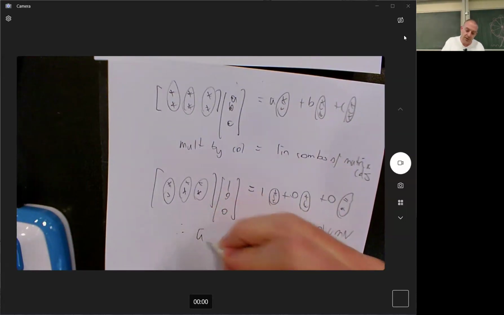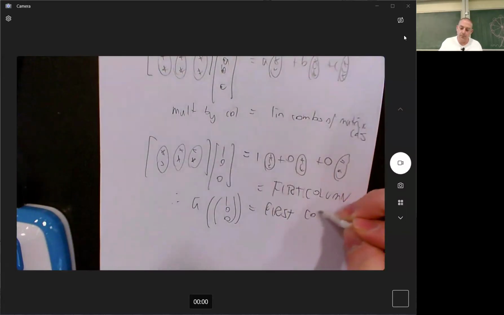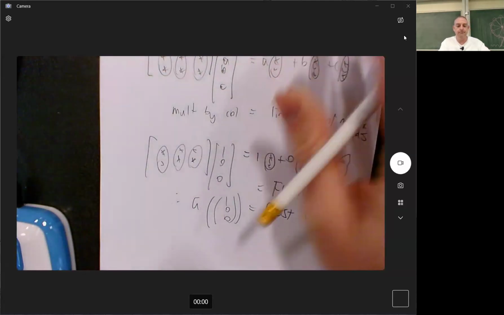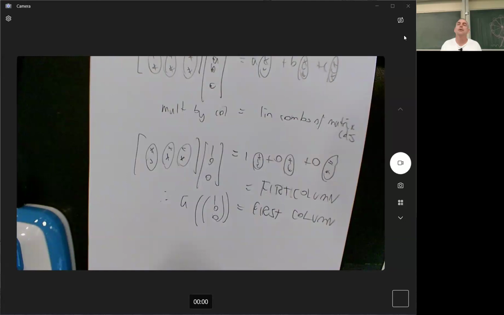So G of 1, 0, 0 is the first column, and G of 0, 1, 0 is the second column, and G of 0, 0, 1 is the third column.